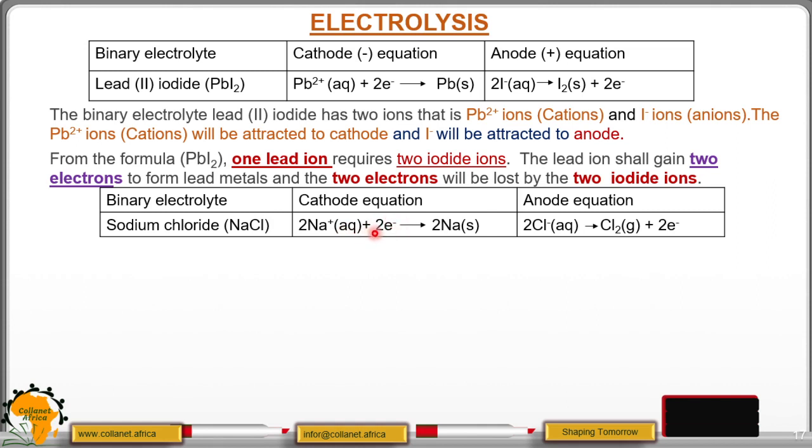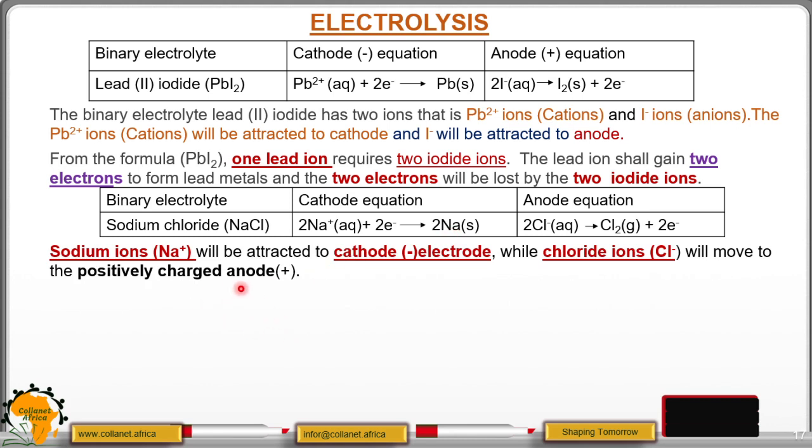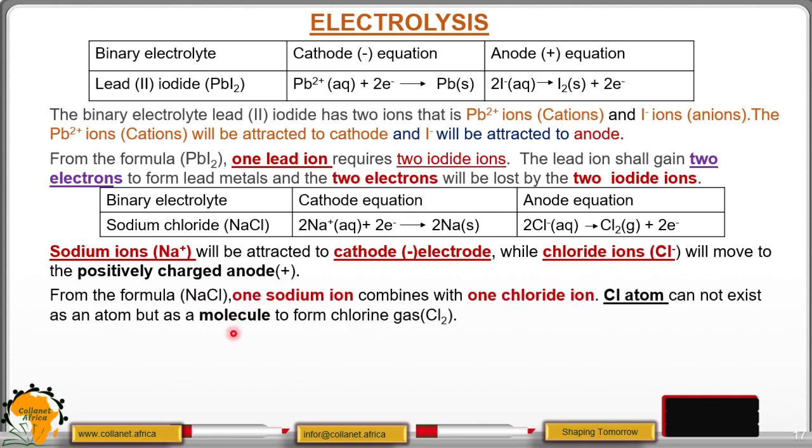To make that, 2 sodium ions will each gain 1 electron to form 2 sodium atoms, or sodium metal. Sodium ions will be attracted to the cathode, while chloride ions will move to the positively charged anode.